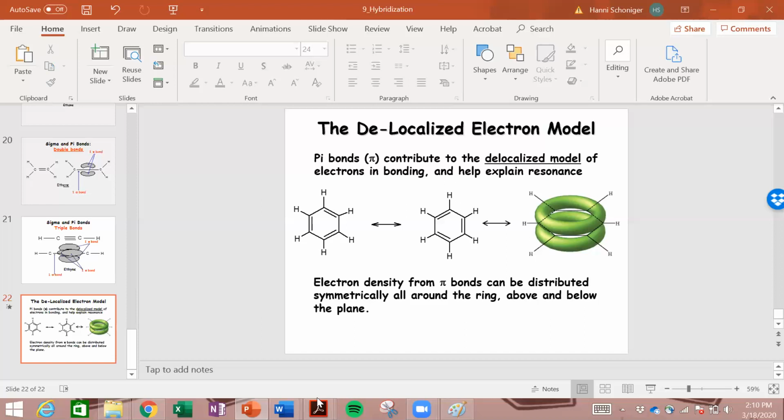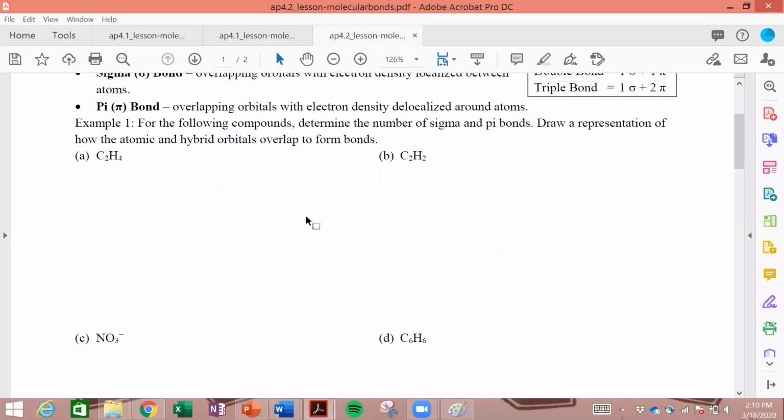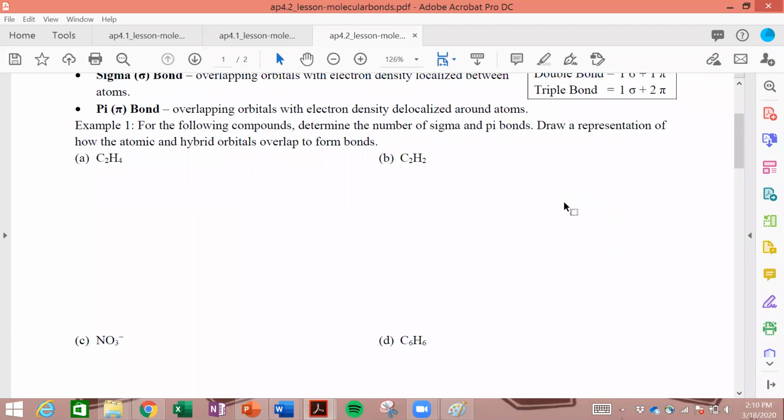And so if we look at our notes, a couple of the examples. Right, so C2H4, we can do that one really quick. We're going to draw the 2 carbons in the middle, and then the 4 hydrogens on the outside.